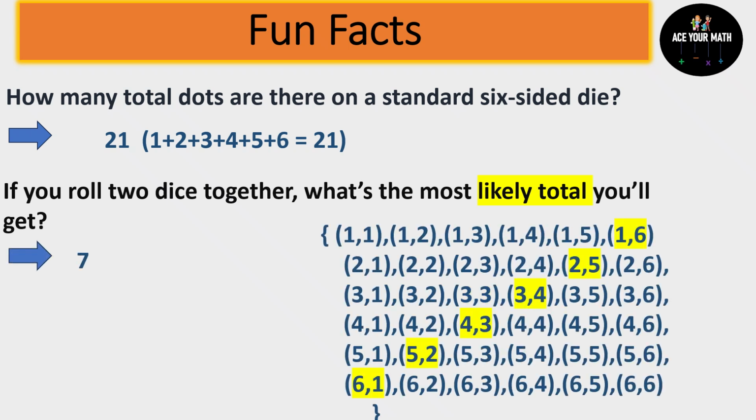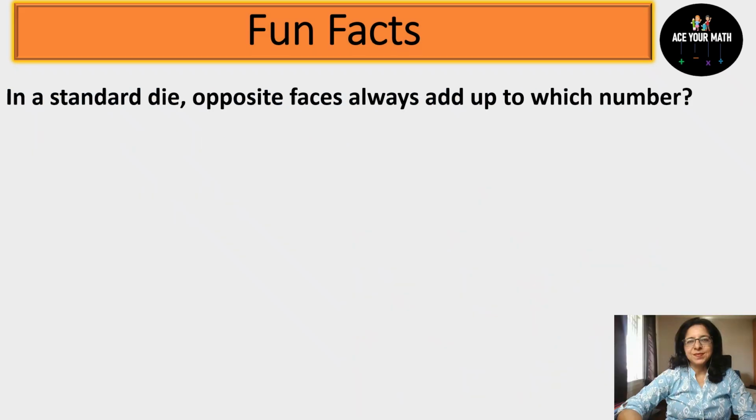Why 7? Because there are 6 combinations like this. These are the maximum combinations: 1, 6, 2, 5, 3, 4, 4, 3, 5, 2, and 6, 1. So the 7 will come up very frequently. See one more question. In a standard die, opposite faces always add up to which number? If you have noticed while playing, it is always 7.